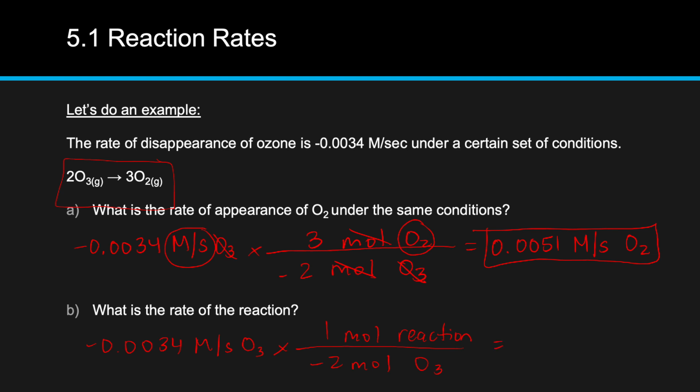So again, in 1 mole of reaction, which is this entire thing, we have negative 2 moles of ozone, and it's negative because it is the reactant. If we look at our units here, our moles cancels out and our ozone cancels out. So we have the molarity per second for the entire reaction, which is the rate of the reaction. When we solve for this in our calculator, we end up getting 0.0017 molarity per second for the reaction. So that would be our answer for B.